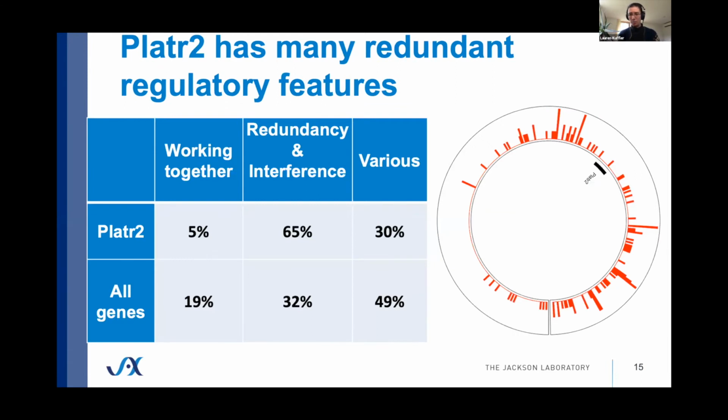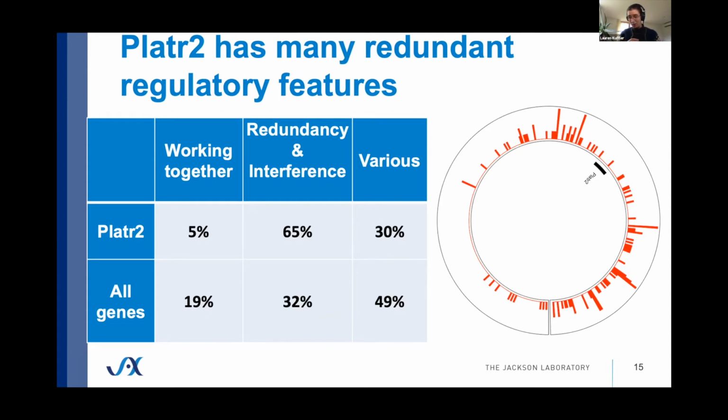So when we look at platter 2, we see redundancy and interference dominate the results, especially when compared to results for all genes we have data for. This tells us that if we wanted to alter platter 2 transcription rates to test how it contributes to stem cell identity, it wouldn't be as simple as selecting the right genetic variant for the job, because there are potential compensatory mechanisms that have to be accounted for.